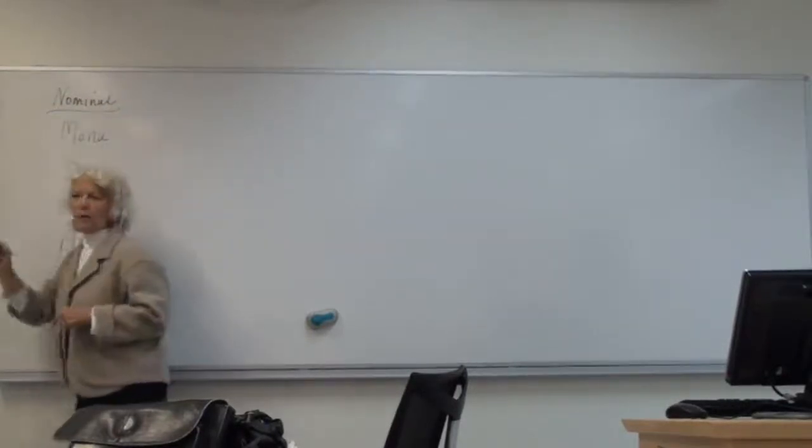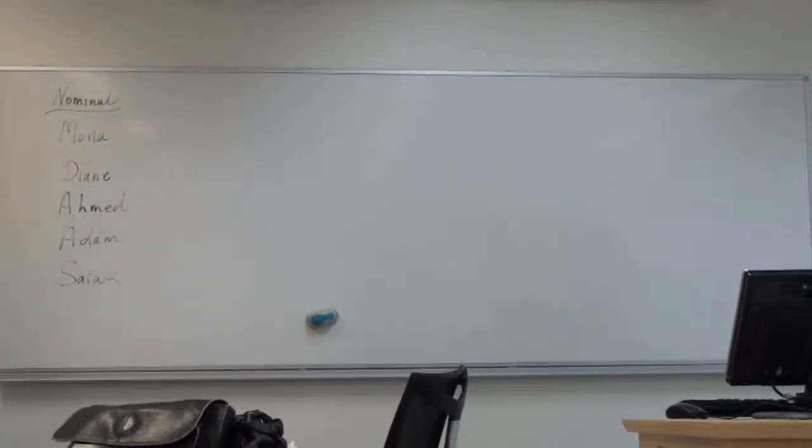That's the lowest level. We can do absolutely no calculations with it. It's used to define something. If you're wearing a jersey with a number on the back, that defines who you are. But as far as doing any calculations with it, it doesn't work. Lowest level, that's called nominal.